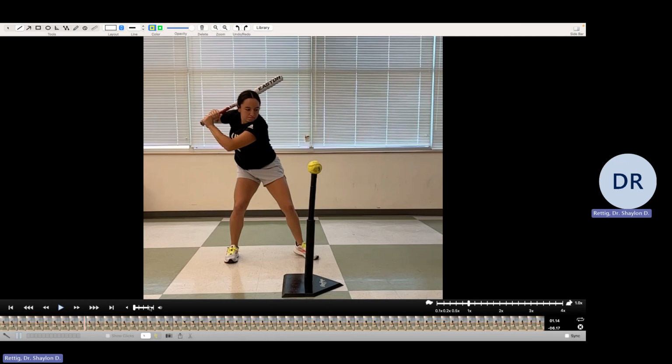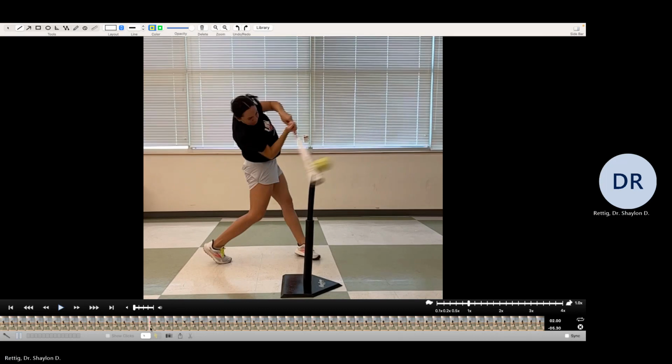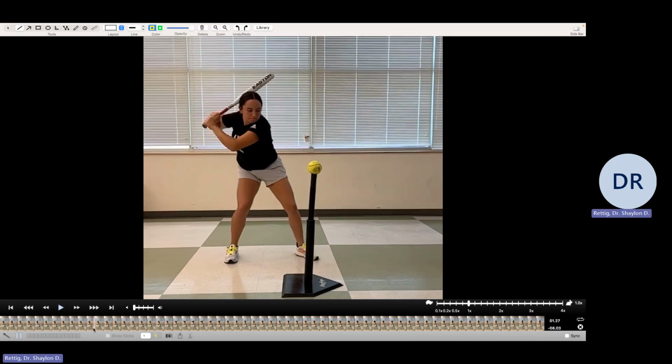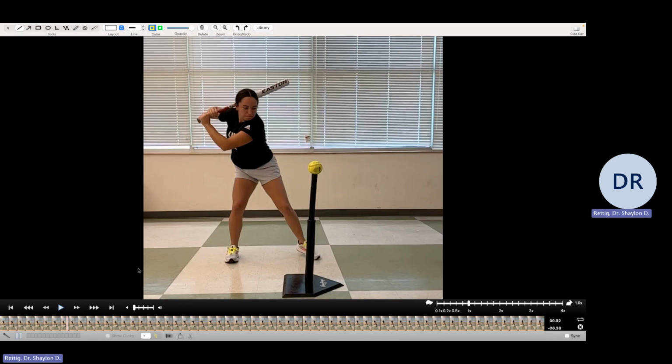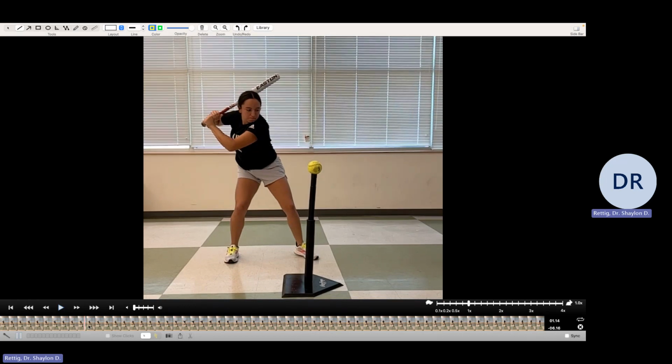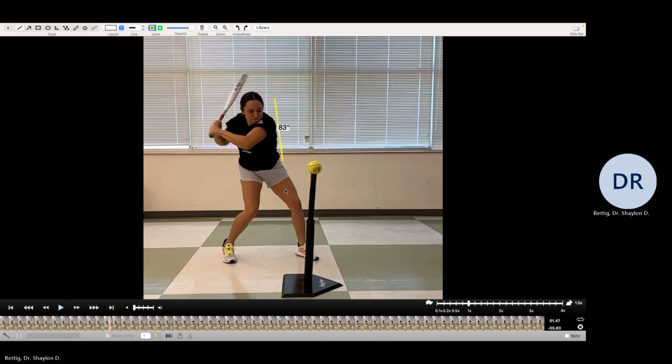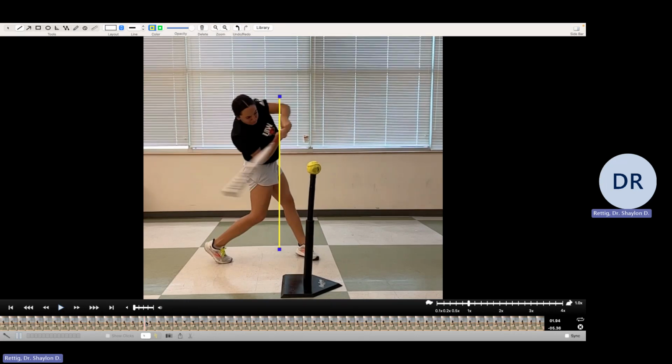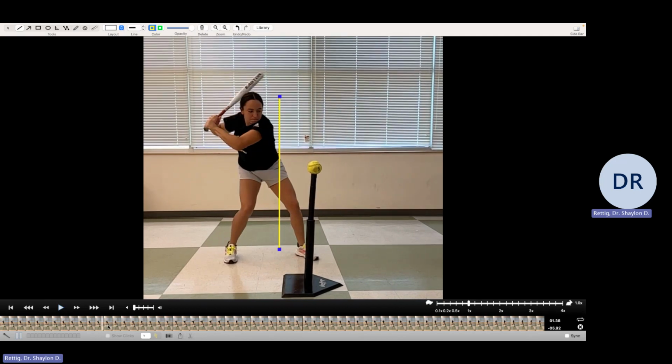And then the other thing we look for is drifting. So again, negative move, we're looking for a sway when you go this way. For drifting, we put you at heel plant, draw a line straight up and down, maybe a little bit this way. And then we pretty much want you rotating around that line, which you do.